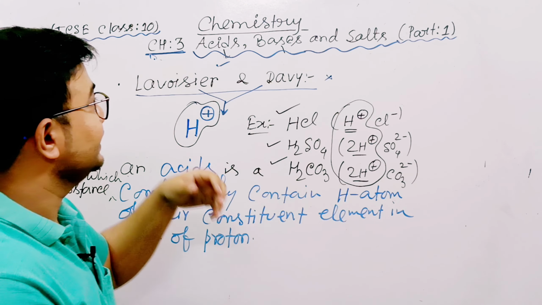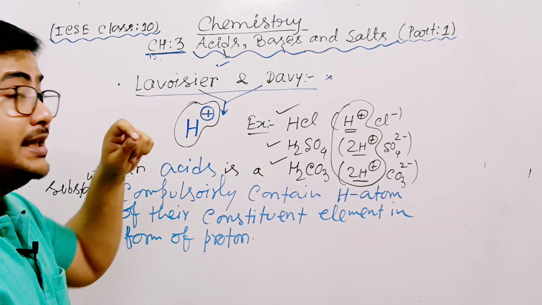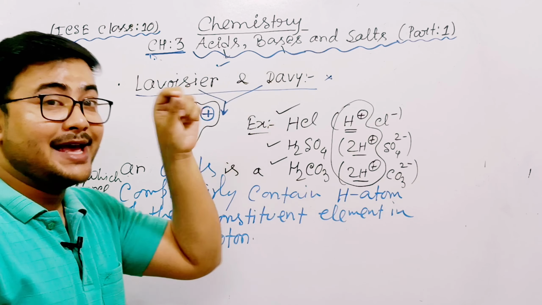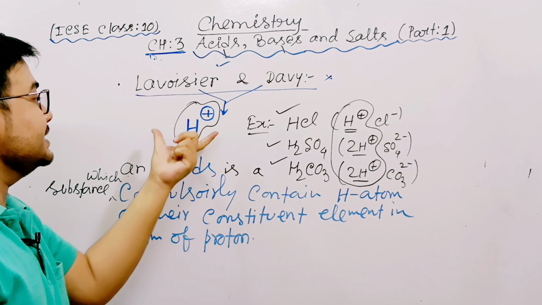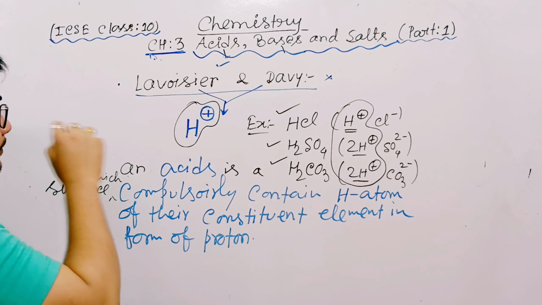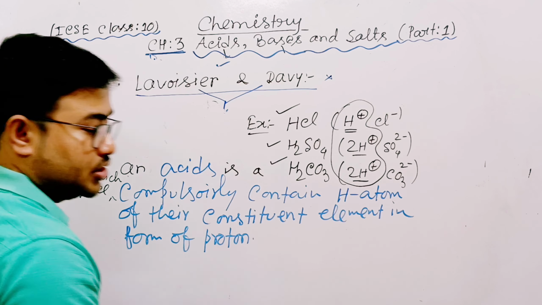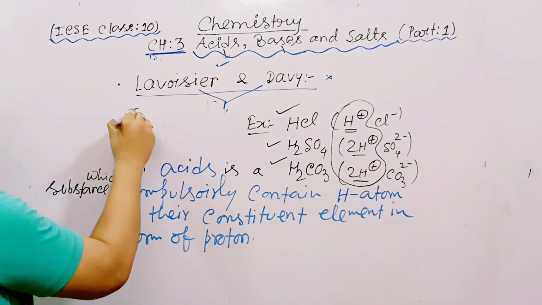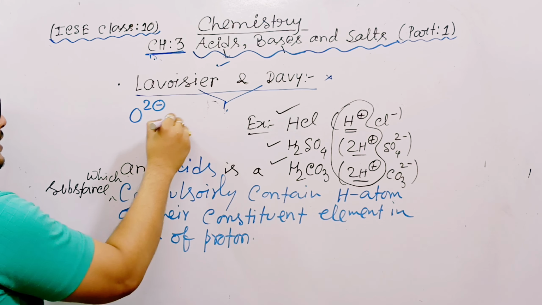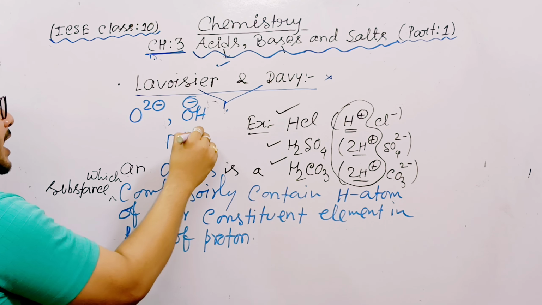Now our turn is base. Look at the board. As according to them, acid means only the substance that contains H plus ion. Done. Now according to them, bases are the substances which contain oxide, hydroxide as well as ammonium ion.